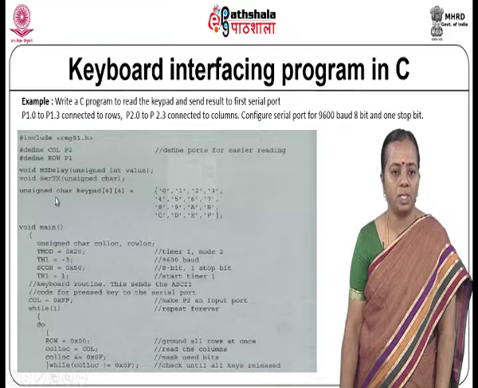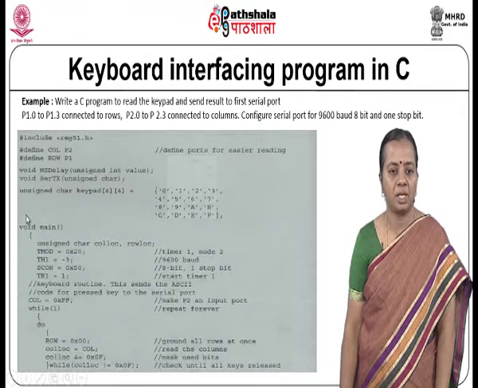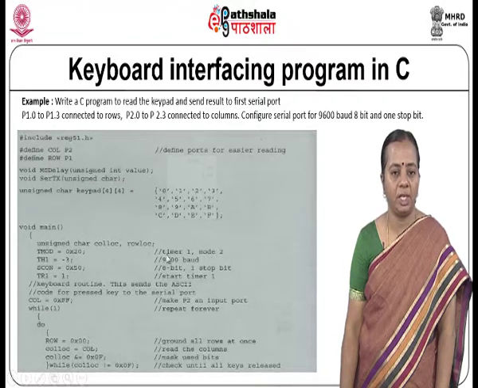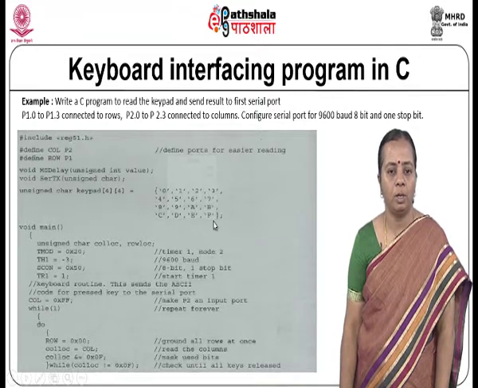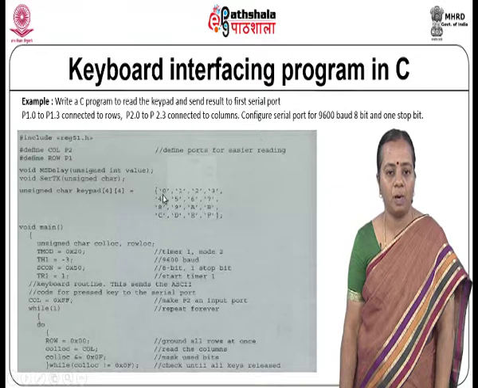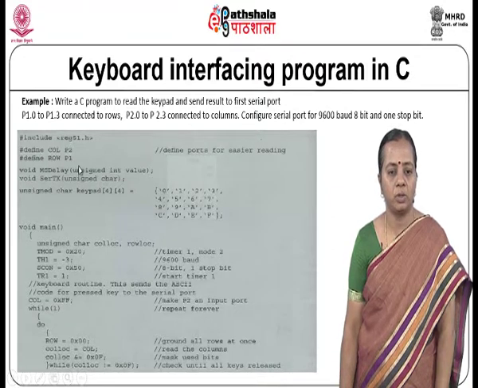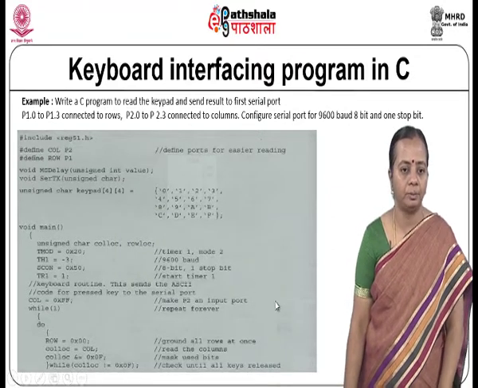These are the two routines we will be using, one for delay as well as one for sending data, SERTX, and this is for the keypad. I am assigning the data bytes for the character keypad 4x4 which has 0, 1, 2, 3 up to F. So, with 4x4, if it is row 0 and column 0 it is 1, and 1 is equal to 0. That way I have to identify the data.